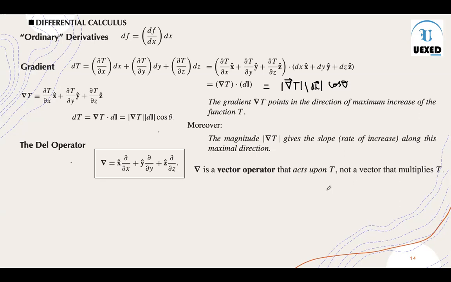Okay, so be careful when we talk about the del operator or the gradient. When we use this, we call it an operator, not simply a vector which multiplies with t. So be careful about these things. Okay. In quantum mechanics also, we're going to see these things. It is something like you have, let's suppose, a tomato, and you operate on it.